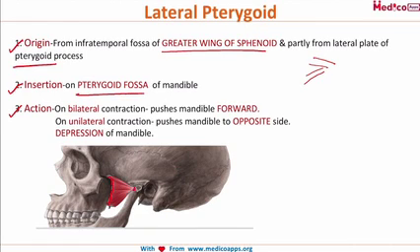Now what is the action of the lateral pterygoid muscle? On bilateral contraction, it pushes the mandible forward. On unilateral contraction, it pushes the mandible to the opposite side, and it is responsible for the depression of the mandible. Again, for any muscle, you're supposed to know 3 points: origin, insertion and action.